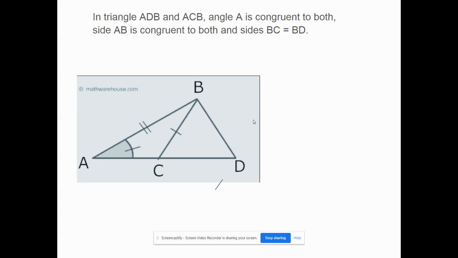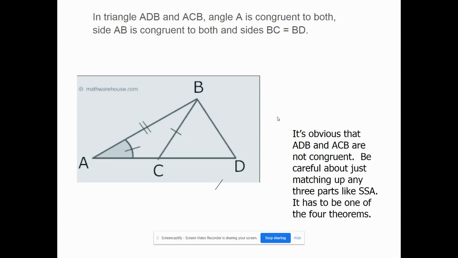All right. Again, we can see here that in triangle ADB and in triangle ACB, both of them have angle A, both have side AB, but these 2 sides, although they may be congruent, very clearly don't make the same triangle.